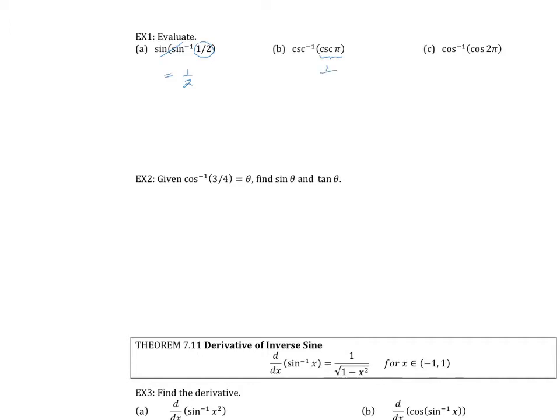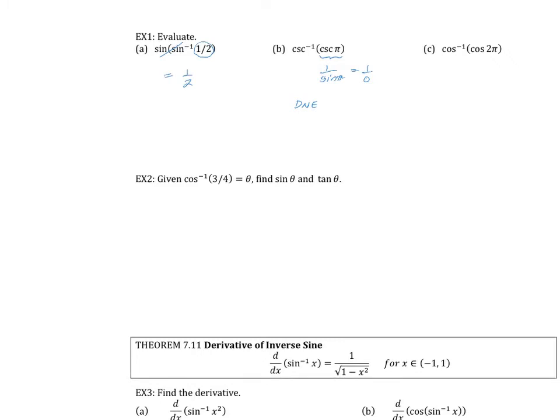Remember that's 1 over sine of pi, and sine of pi is 0. So actually cosecant of pi is undefined. So this actually does not exist. You could write undefined, or remember you can use DNE for does not exist.